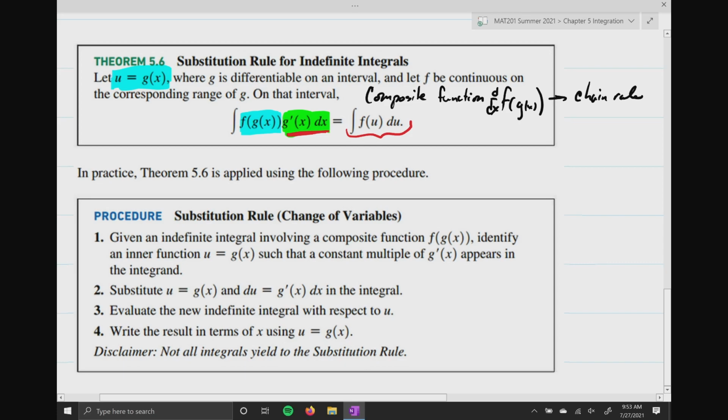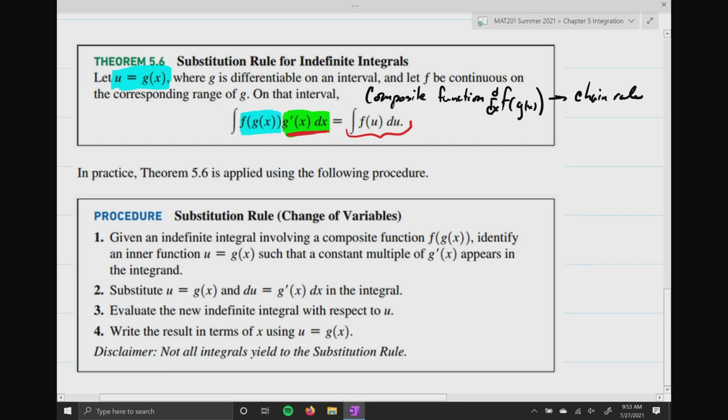And what's nice is they gave us here a little procedure. And you can see this is exactly what I did in the previous problem. So the procedure is if you're given an indefinite integral, and this also works for definite integrals, and I'll show you how that works in a little bit. So given an indefinite integral involving a composite function, f of g of x, identify the inner function and let that be equal to u.